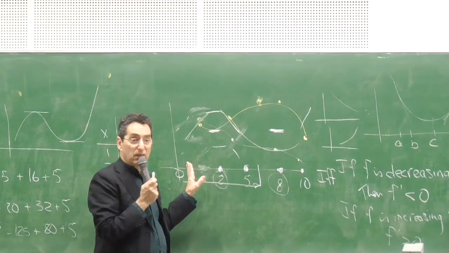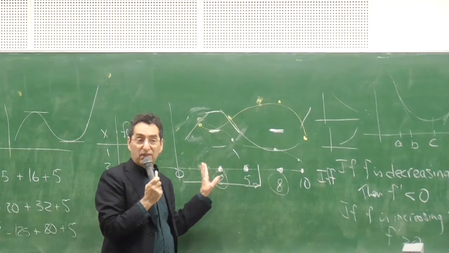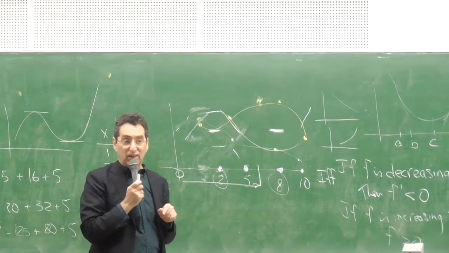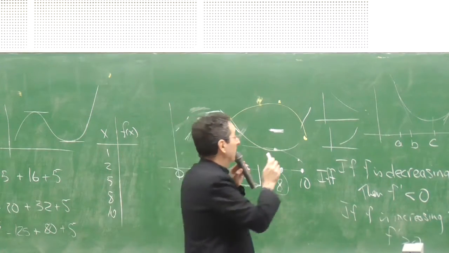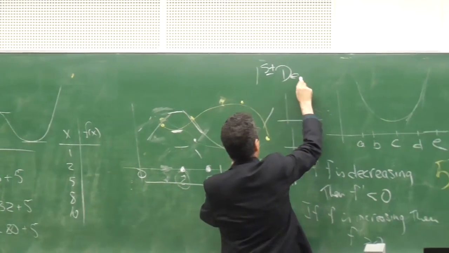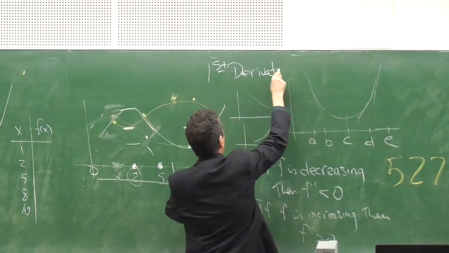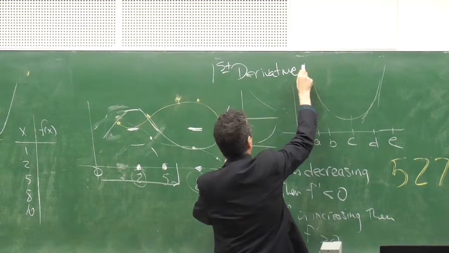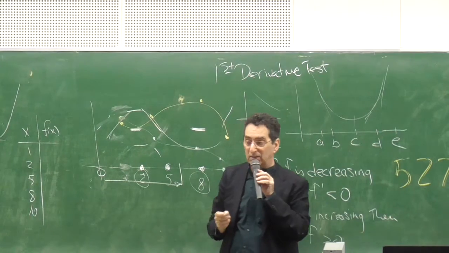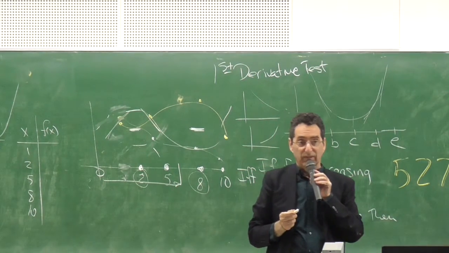By looking at the derivative just to the left and just to the right. And that will do it, right? So that whole thing is called the first derivative test for finding maximums and minimums. Okay? Does anybody have any questions about the first derivative test?